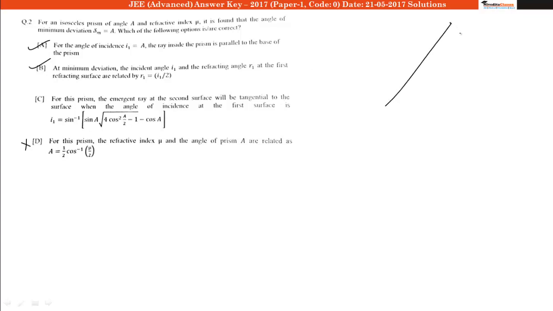Let's say that our emergent ray is tangential to the surface. It means that the angle inside the prism, this angle, is equal to QC. As we know, R1 and R2 sum to A, so this remaining angle will be equal to A minus QC.